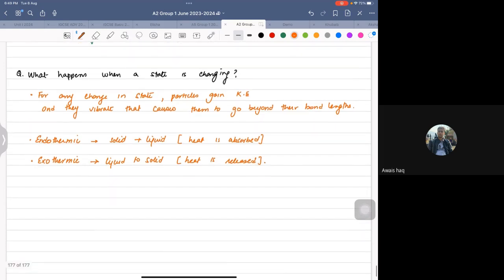However, the most important part that I'm going to write in red is that during the change of state, there is no change in temperature.